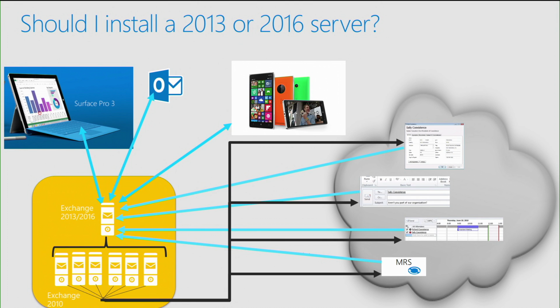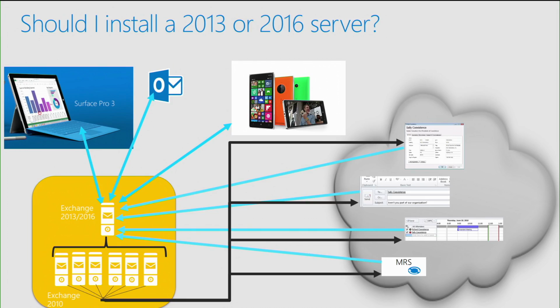And then for the outbound requests from your on-premises organization for things like free/busy lookups, you'll actually be communicating from the legacy servers on premises up to Office 365. Placing that Exchange 2013 or 2016 server in front of the legacy system is essentially adding those updated endpoints, but not requiring you to update the entire Exchange organization and move everything to the updated version.